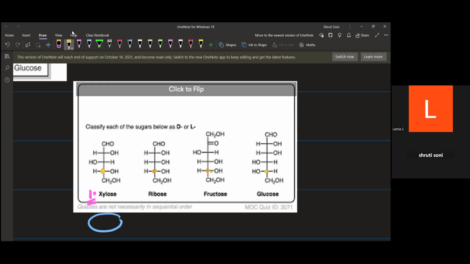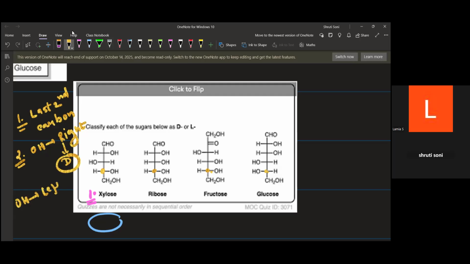If OH is in the right side, in that case it will be D type. If OH is in the left hand side, it is L type configuration. You can remember left by L, L and L, similar in left.